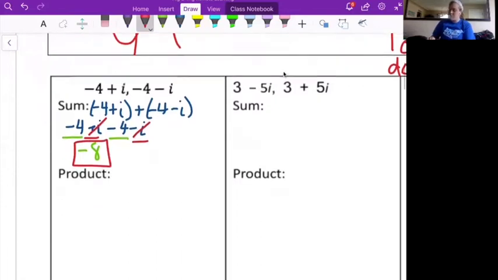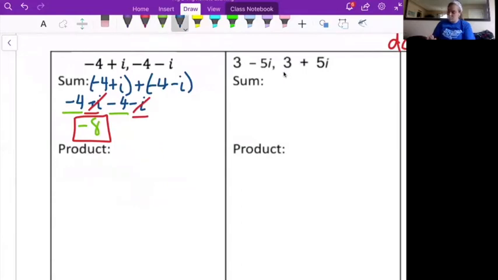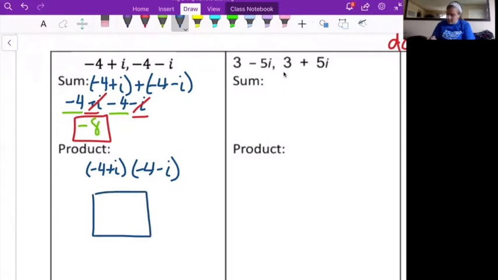Now our product, this is going to be -4 plus i times -4 minus i. And so you can do your distributive property, or you can draw your box. And so then this would be -4 plus i, -4 minus i.